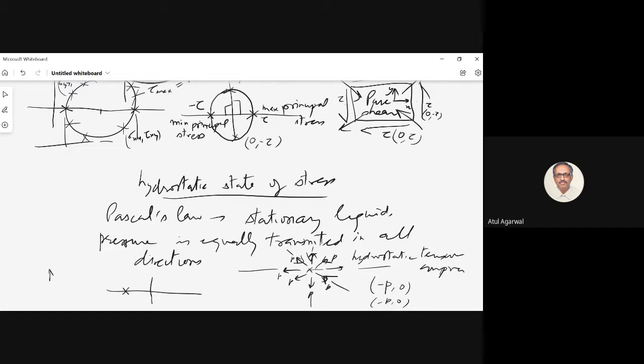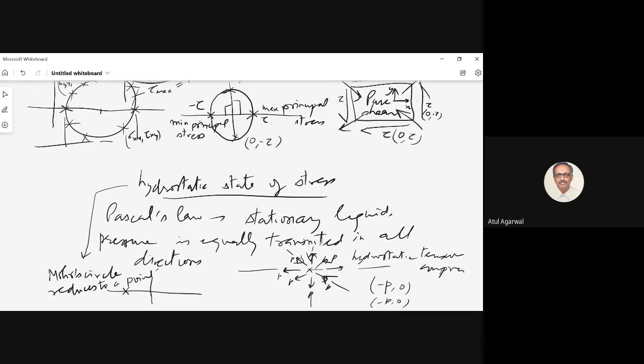So what is the Mohr circle now? It reduces to a point. When you have a hydrostatic state of stress, the Mohr circle reduces to a point. It means there is no shear stress. In a stationary liquid, your shear stress is zero.